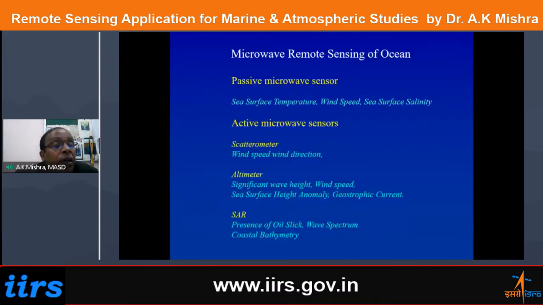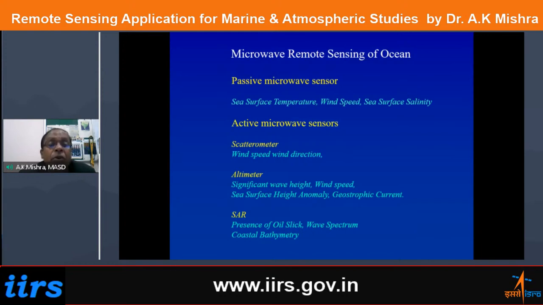Now coming to the microwave remote sensing of the ocean, it is segregated mainly into two parts. One is the passive microwave sensor. The passive microwave sensor is utilized to get the sea surface temperature, wind speed, sea surface salinity, etc. And for the active microwave sensor, we have mainly three sensors.